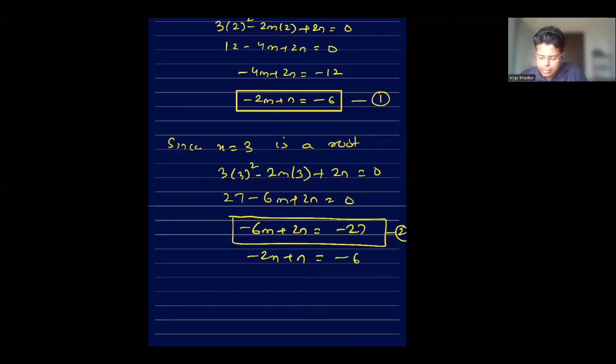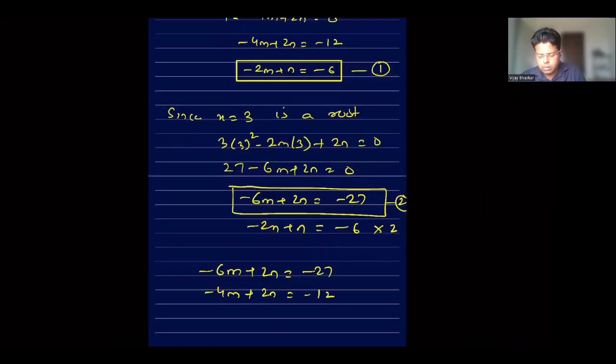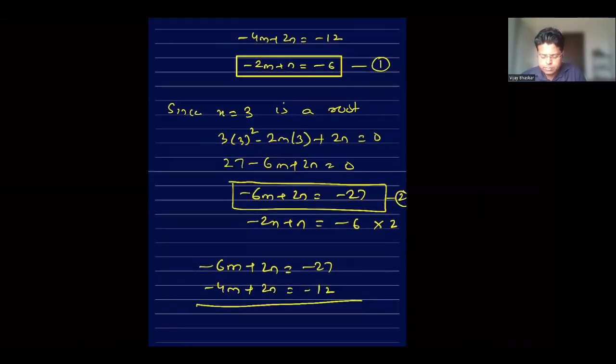I can simplify by multiplying the second equation by 2. Multiplied by 2, so then we'll get two equations, as minus 4m plus 2n is equal to minus 12. Correct? Subtract both these equations. We'll get minus 2m, n gets cancelled out. We'll get here minus 15.